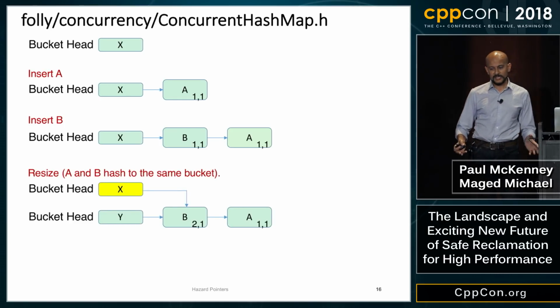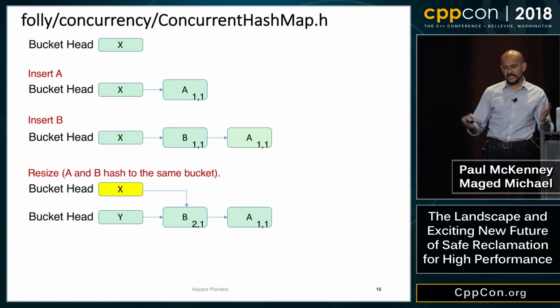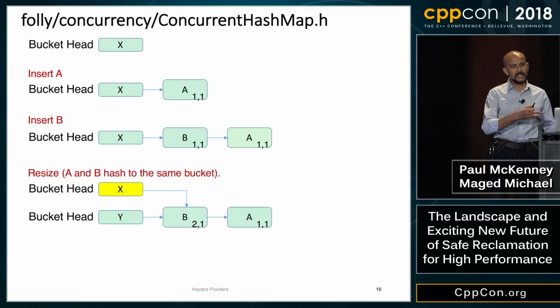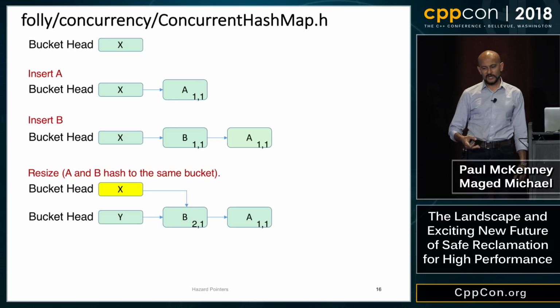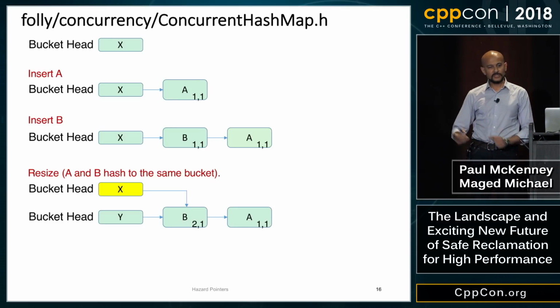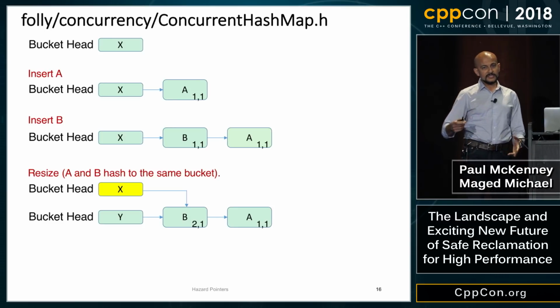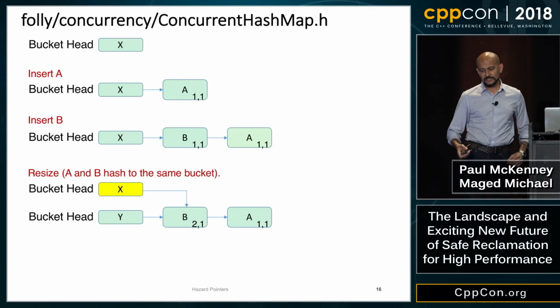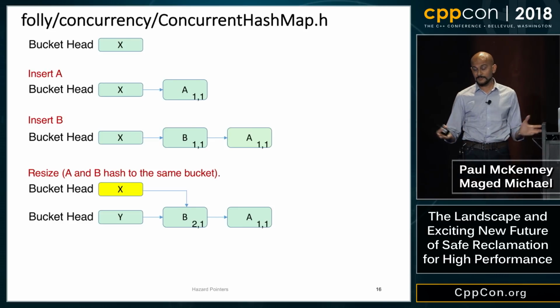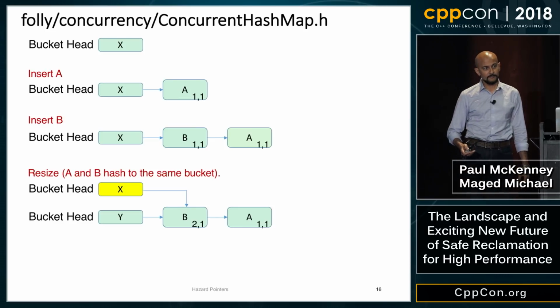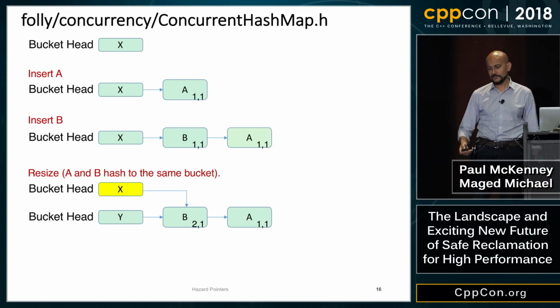Now we do resizing, and A and B happen to be rehashed to the same bucket. So now we have a new bucket Y that is pointing to B and A, but X still points to them. That's why the count for B increased. There could be some iterator that's protecting X, so X might still be alive and traversable.